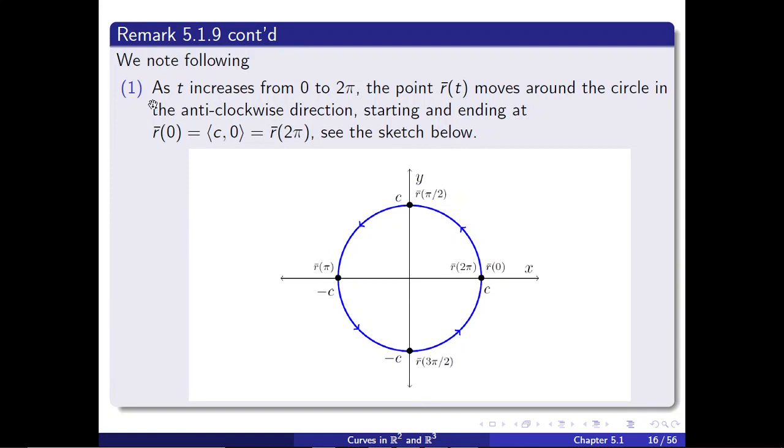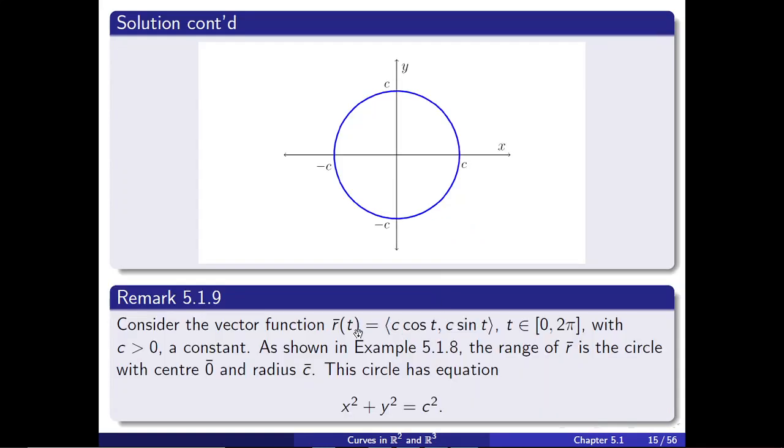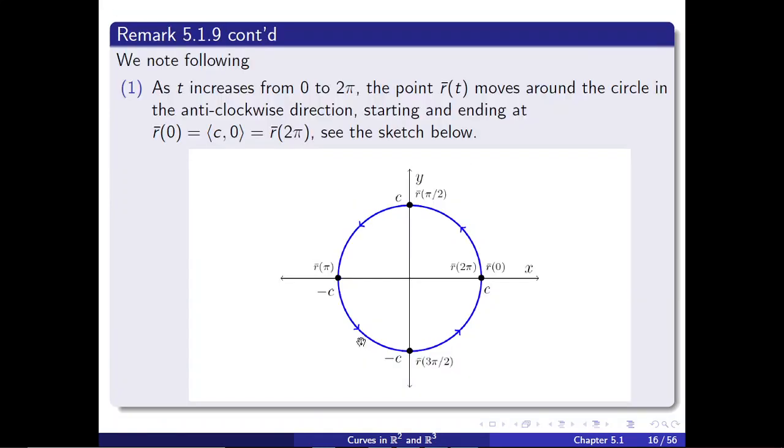So we are going to note some points that we get from our vector function. As t increases from 0 to 2 pi, the point r of t moves around the circle in the anti-clockwise direction.